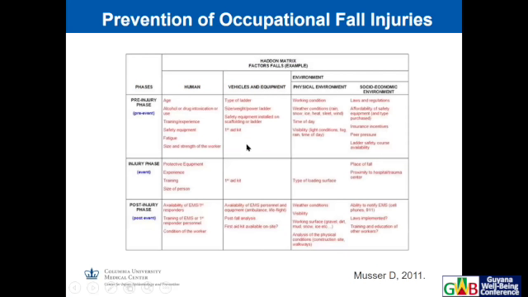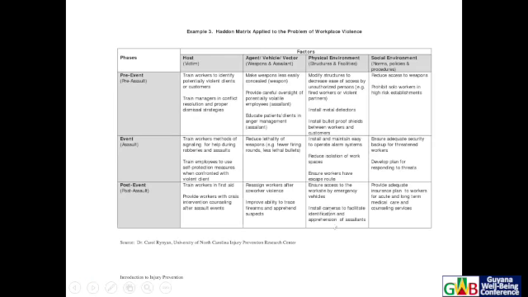And the Haddon matrix has been applied to at least 40 different types of injuries in the literature, if you do a literature search. Here is an example of the Haddon matrix applied to occupational injury prevention. And this one is an application to preventing violence in the workplace.